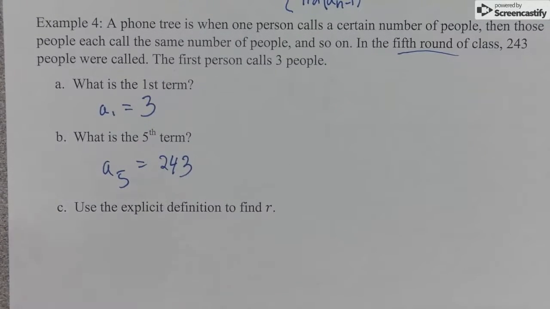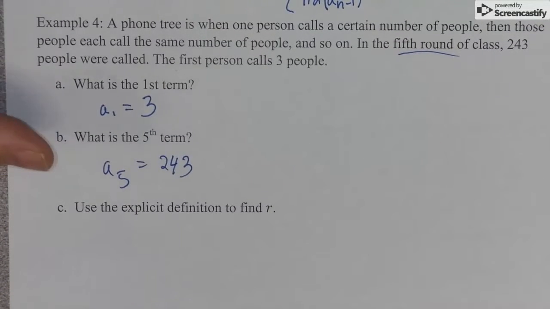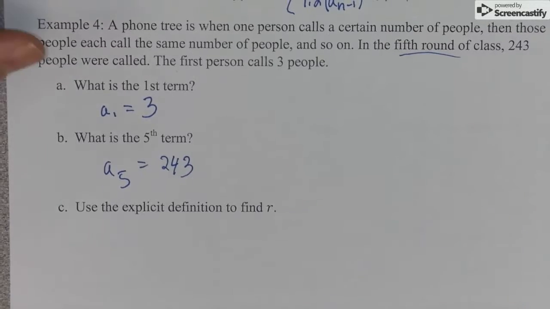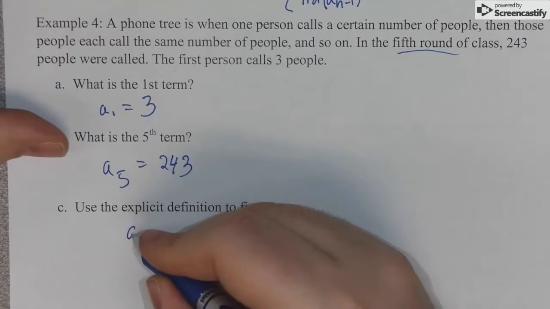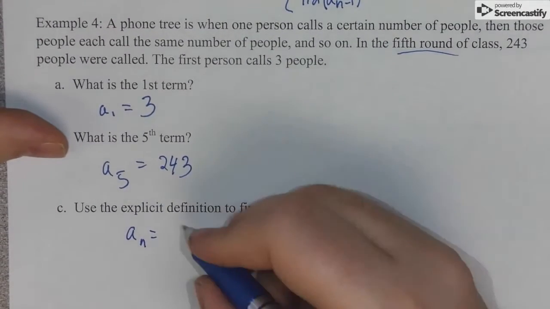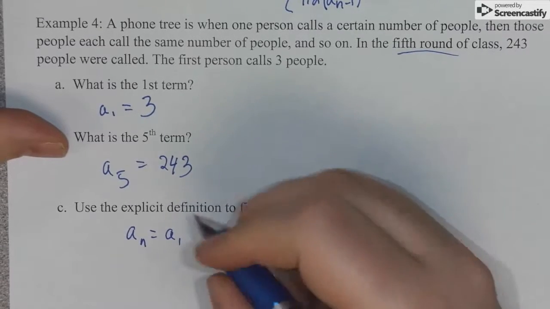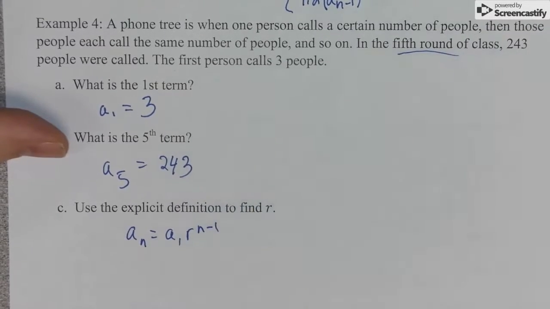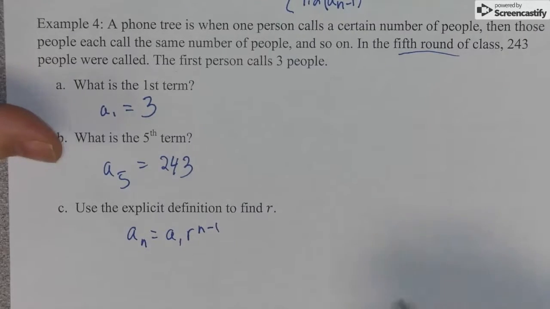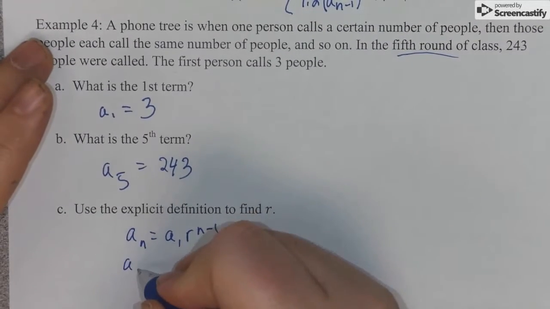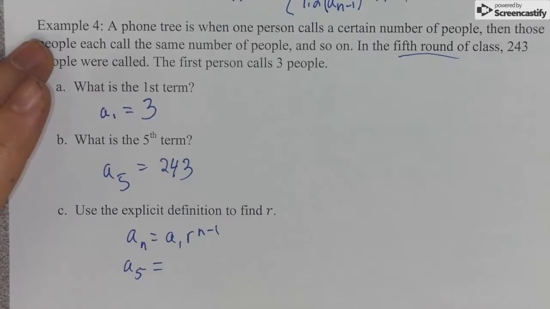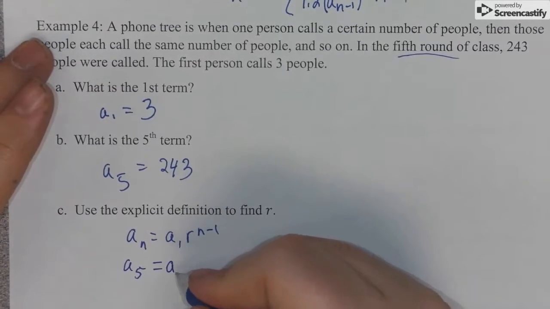Use the explicit definition to find your common ratio, r. So the explicit definition, which from the last slide is A sub n equals A sub 1 times r to the n minus 1. For A sub n, we're going to use A sub 5 because we're given A sub 5. For A sub 1, we're just going to use A sub 1.